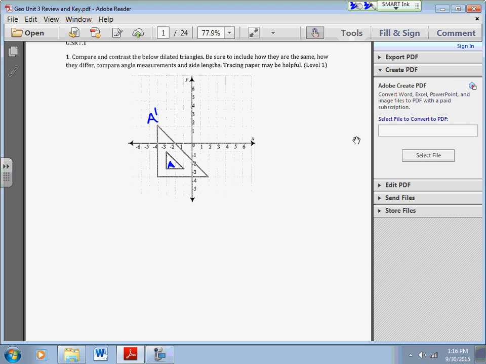Okay. So they're both right angle triangles, and this one has side lengths of 6 and 6. This one has side lengths of 2 and 2, so that would be not equilateral.